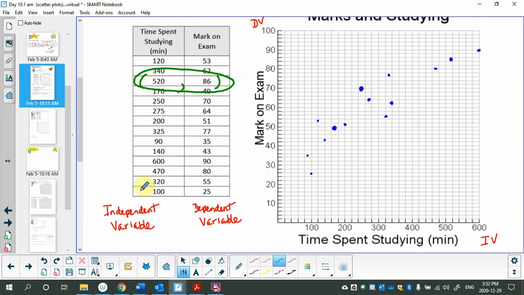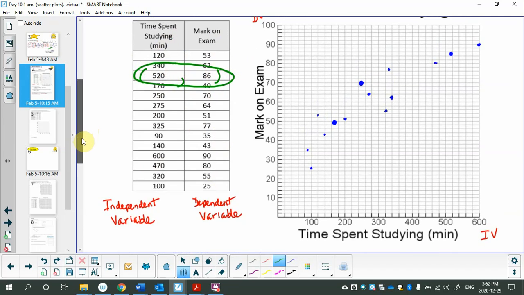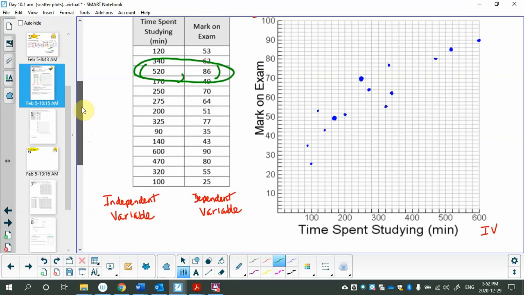Your independent variable gets named first and your dependent variable gets named second. So what that means is that this person studied for 520 minutes and they ended up getting 86% on the exam. That's not everybody who studies 520 minutes gets 86% on the exam. That's this one particular person.